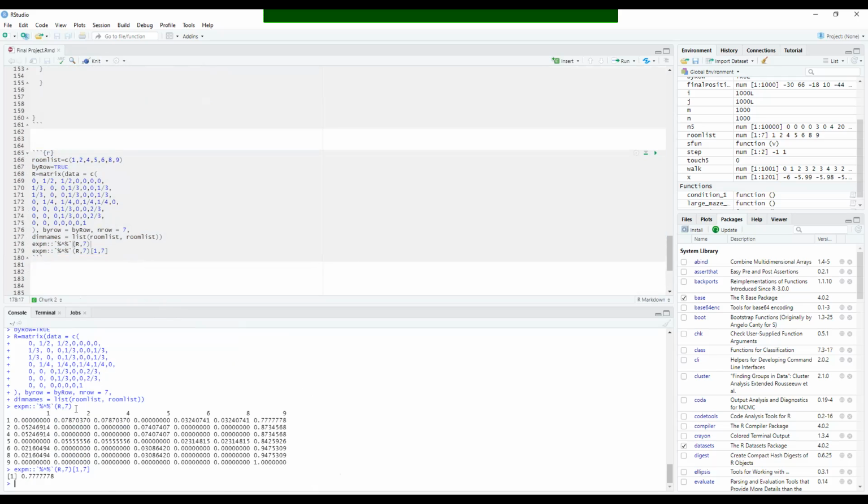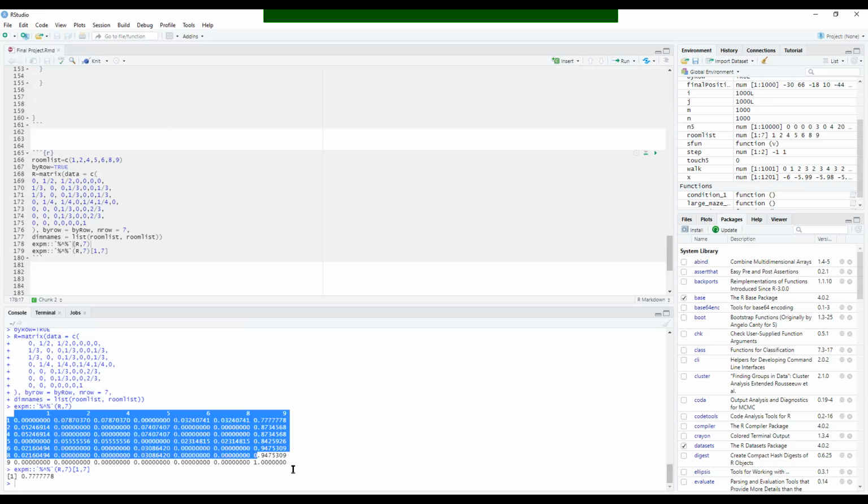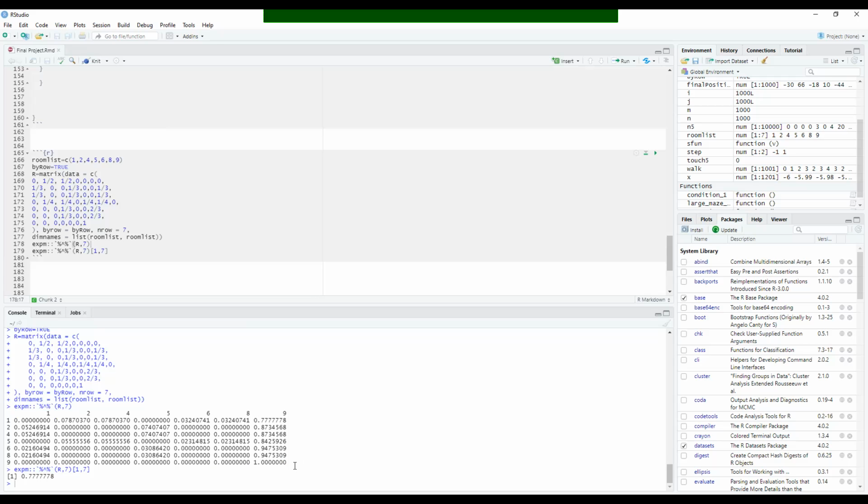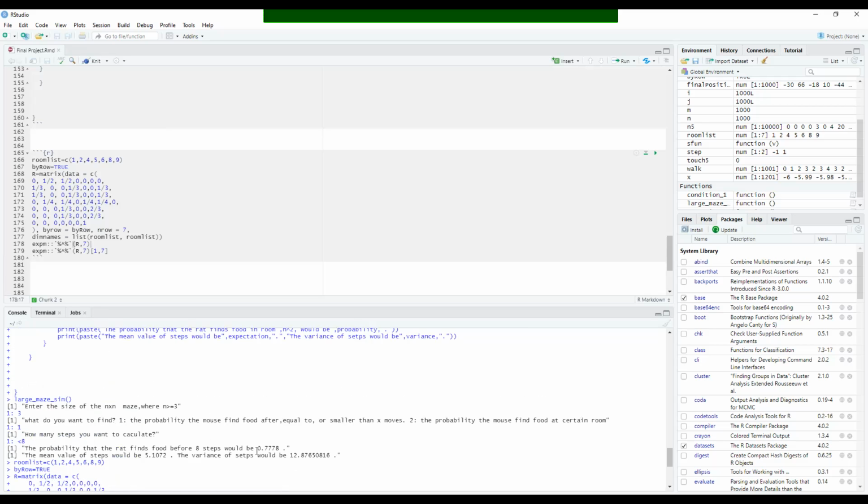And by raising Q to the 7th power, which means Q7, we will get the new transition matrix Q7. By finding the probability of going from state 1 to state 7, which means the rat is in room 1 and goes to the food room, we will get a similar probability as what we got from our simulation.